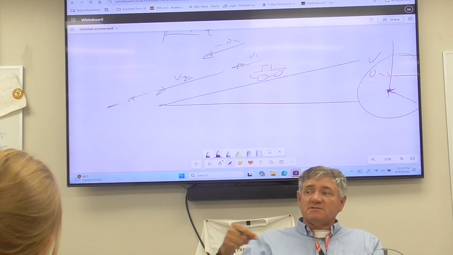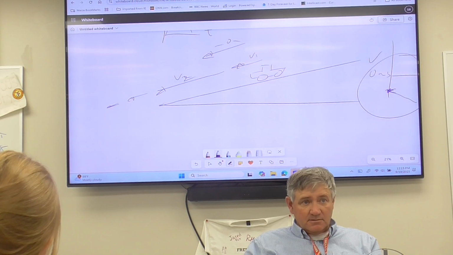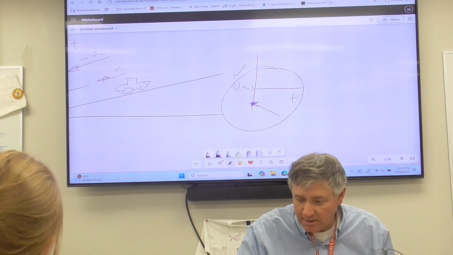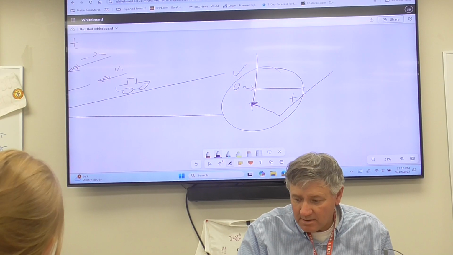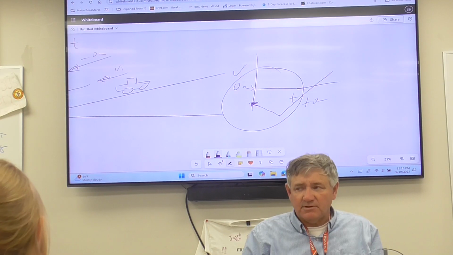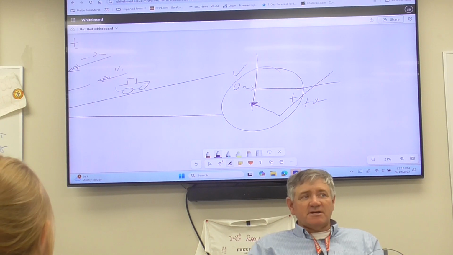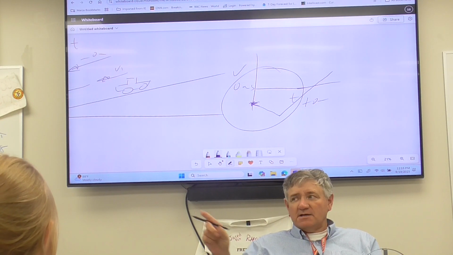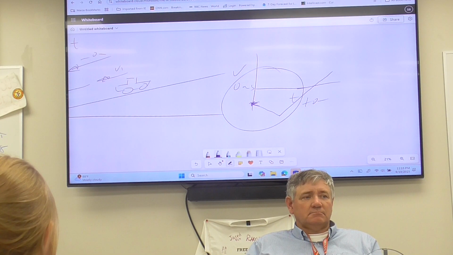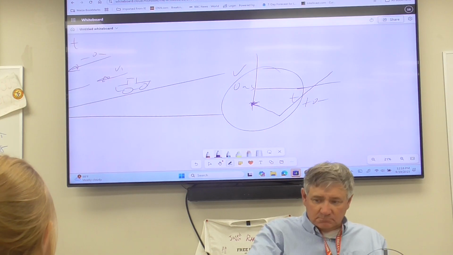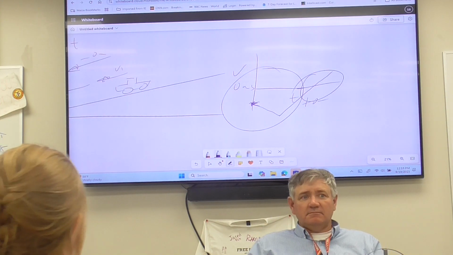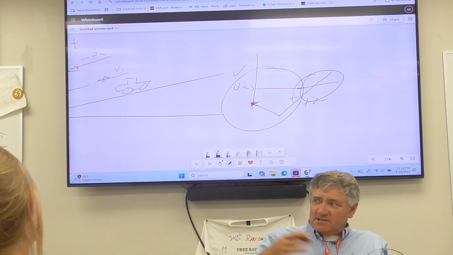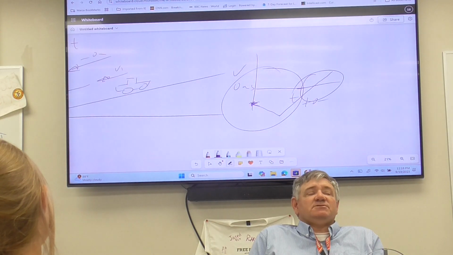So what becomes the sign of my acceleration? Positive. So now I'm going to have some positive acceleration. Can I change direction with positive acceleration? It crosses the x-axis. Did I just do that? Yes. I can change direction with positive acceleration. I just showed you that I could.